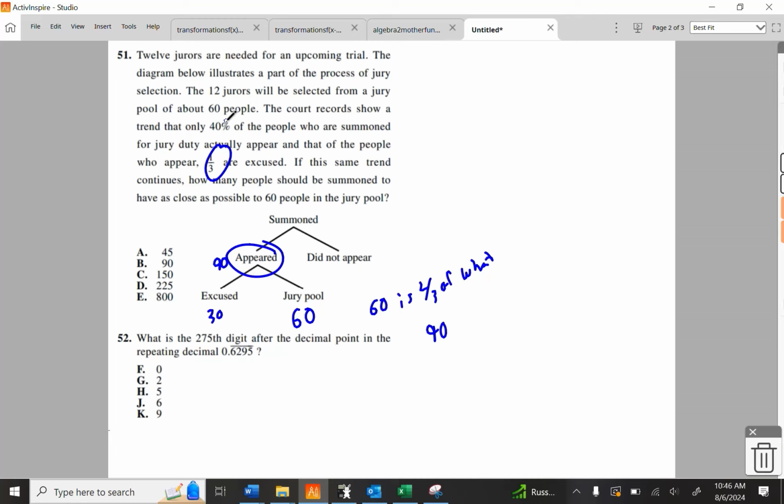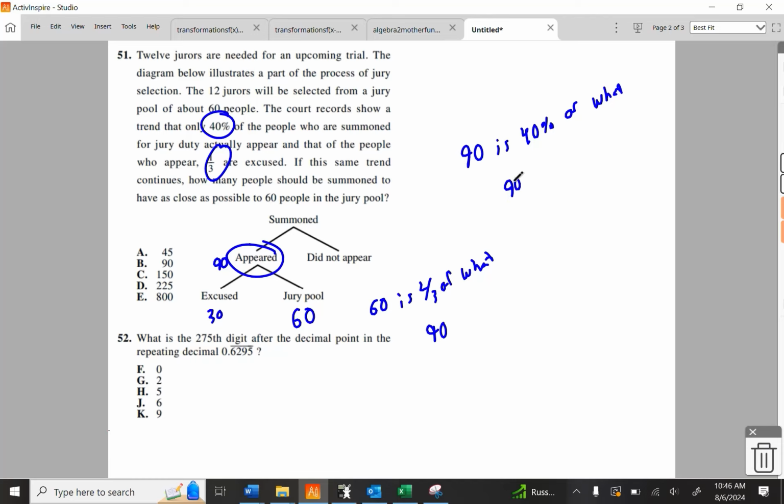They're saying only 40% of the people who are summoned actually appear. So 90 is 40% of what? That's a little harder.